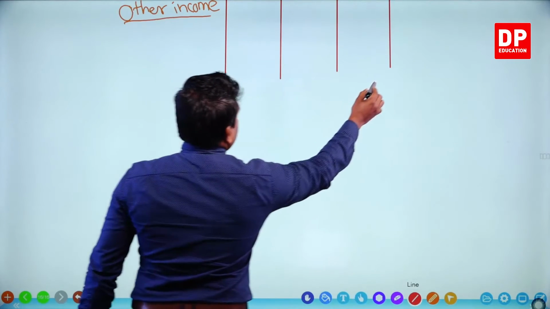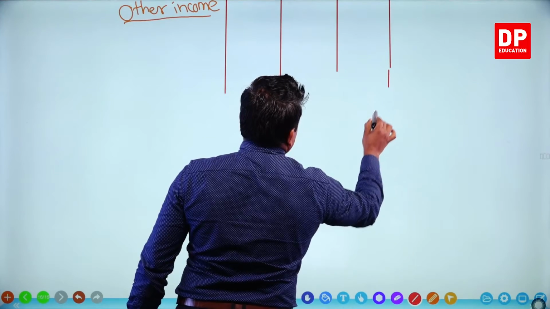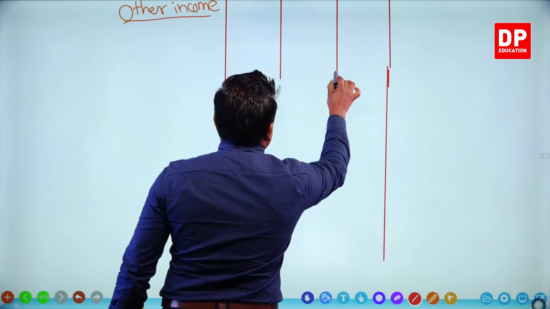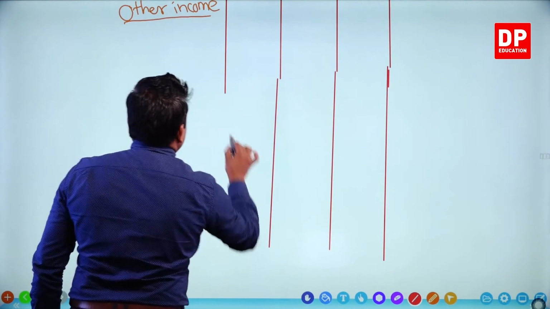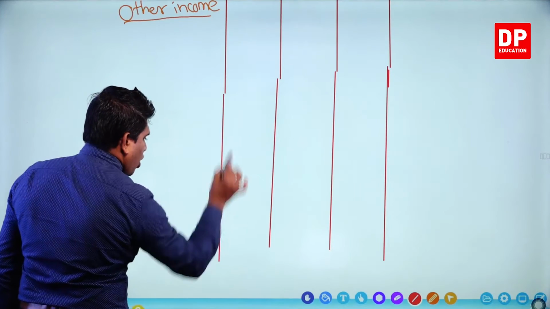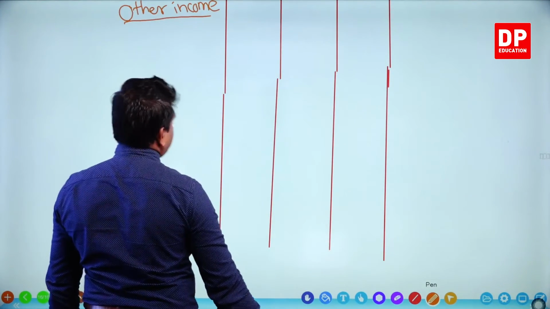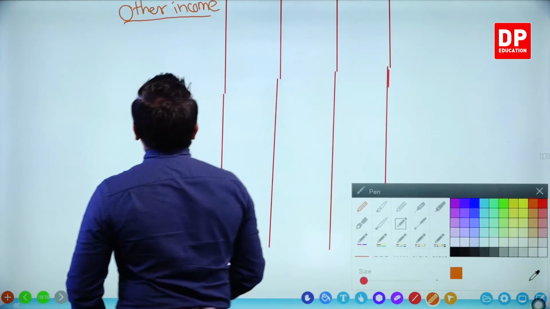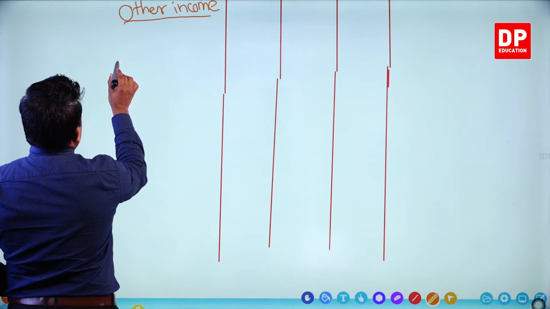Here you can expand the same columns down like this. Tell me now, how many expenses are to be written here? First one is distributing expense.